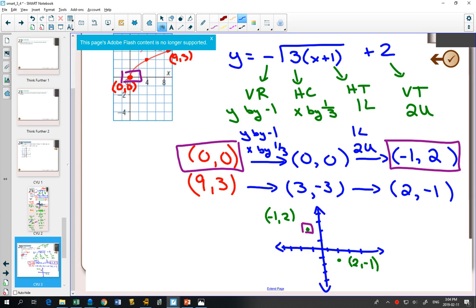So in this case, think through, what does a vertical reflection do? My vertical reflection would make it go down. X by 1/3 would squish it towards my x-axis. Then I'm going to move 1 to the left, and finally I'm going to move 2 up. What's the shape that I need to end up with? My shape ends up going like this.